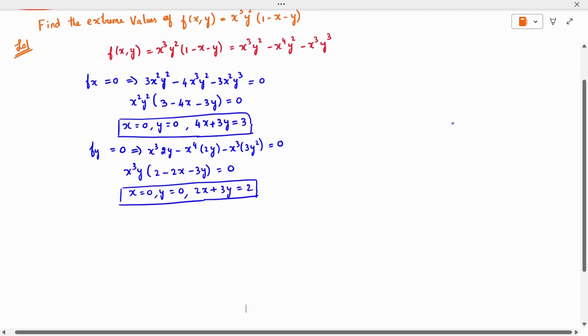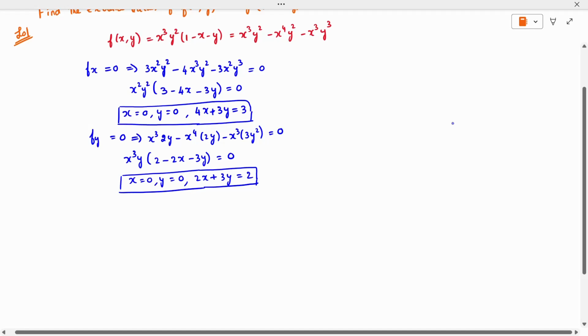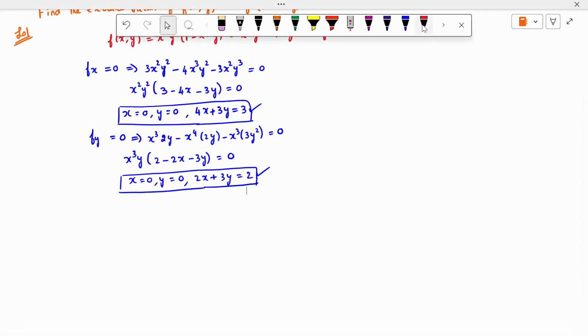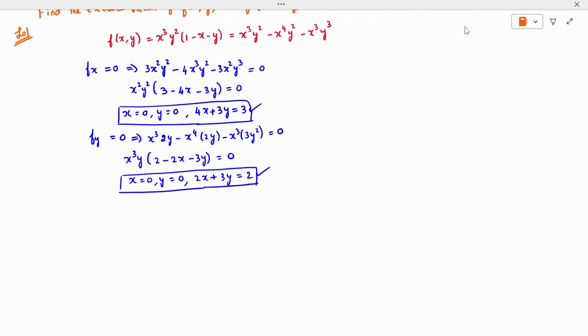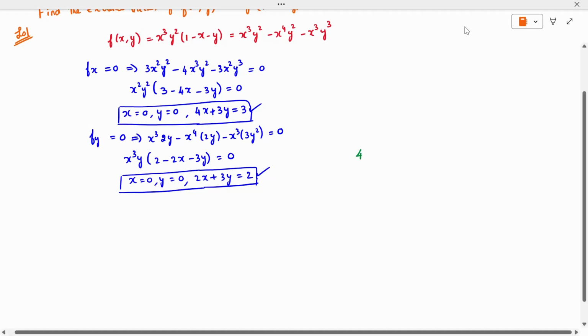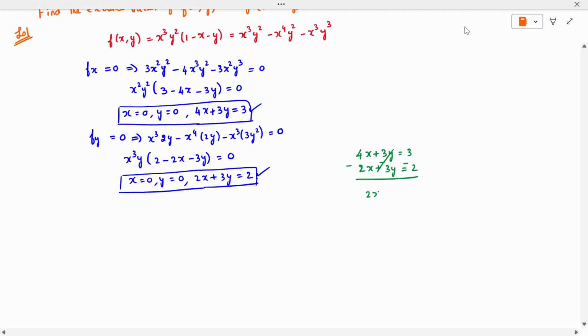How to solve? First I will take this equation and this. So 4x plus 3y equal to 3. Same way 2x plus 3y equal to 2. Subtracting, when I simplify it, 2x equal to 1.